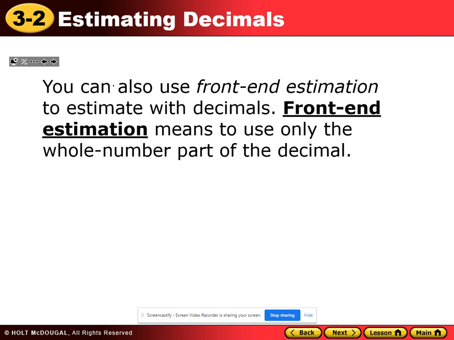You can also use front-end estimation to estimate with decimals. Front-end estimation means to use only the whole number. That can happen, and it'll get you close to the answer, but not the exact answer.